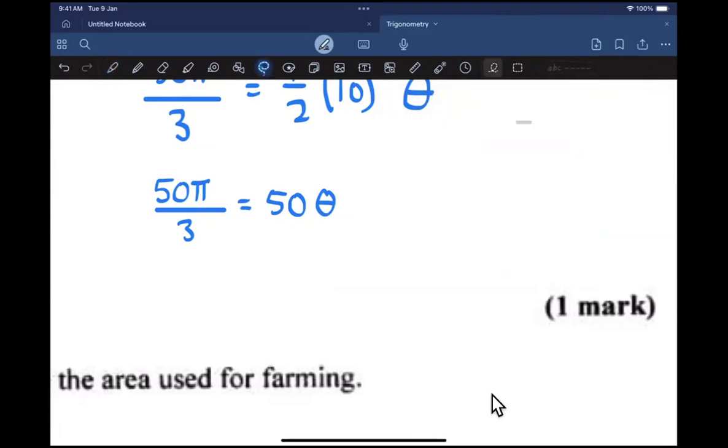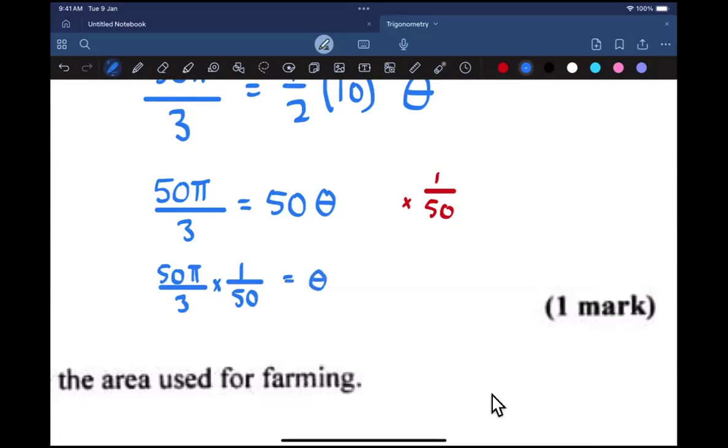The reason I'm saying to do that is so that you can see it better here. On the left-hand side, if I multiply 50 pi over 3 by 1 over 50, tell me what happened on the left-hand side.